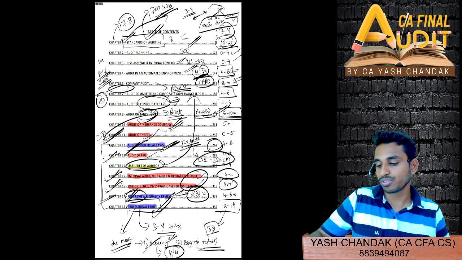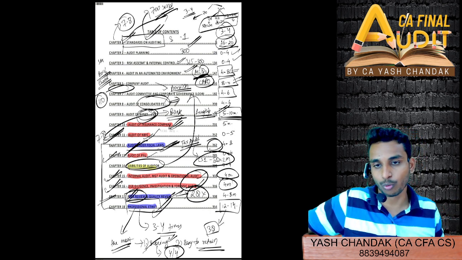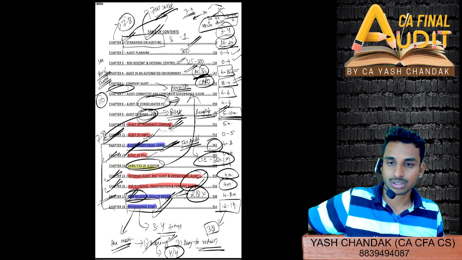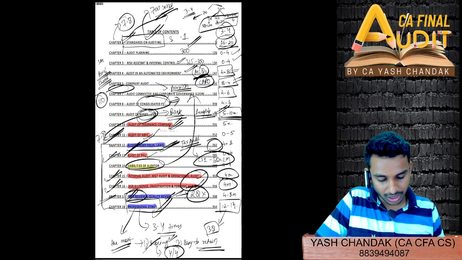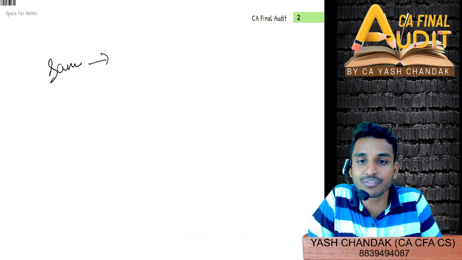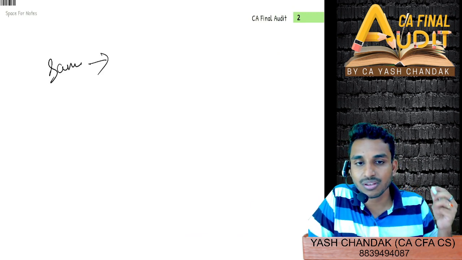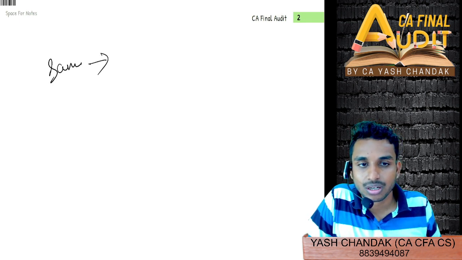Anyone who is not able to attend the lecture can get the backups. I'll share the link in our Telegram group. And regarding books, I'll tell you one thing. Everyone might be having the Sampurna soft copy. Is there anyone who hasn't received the Sampurna soft copy? I have not, sir, received.